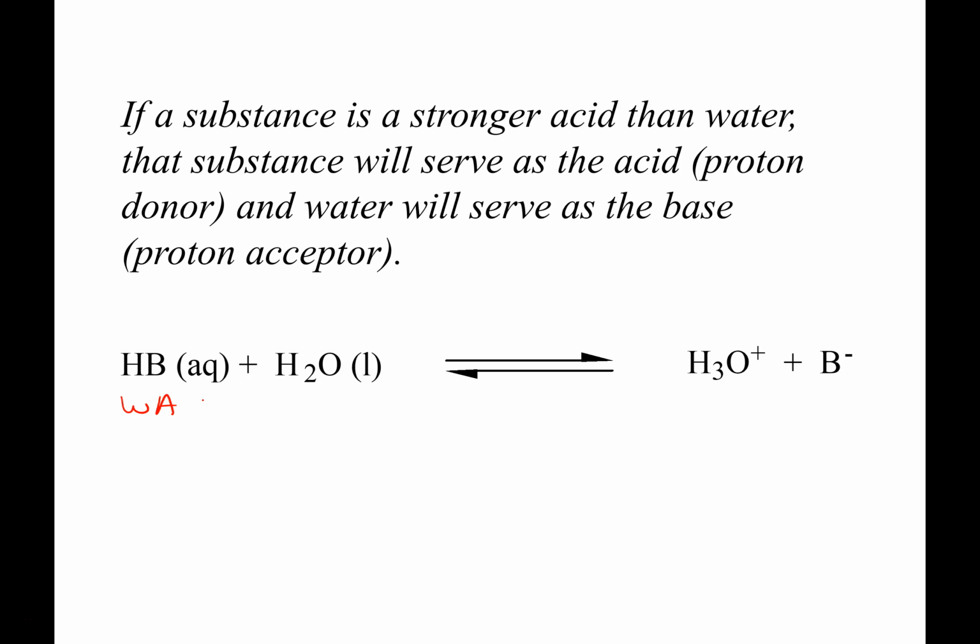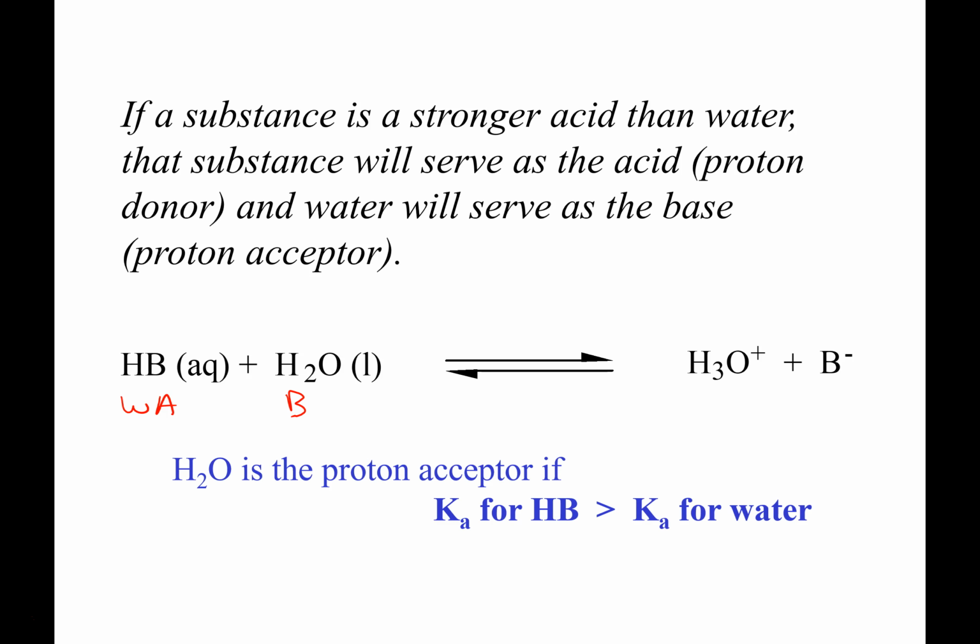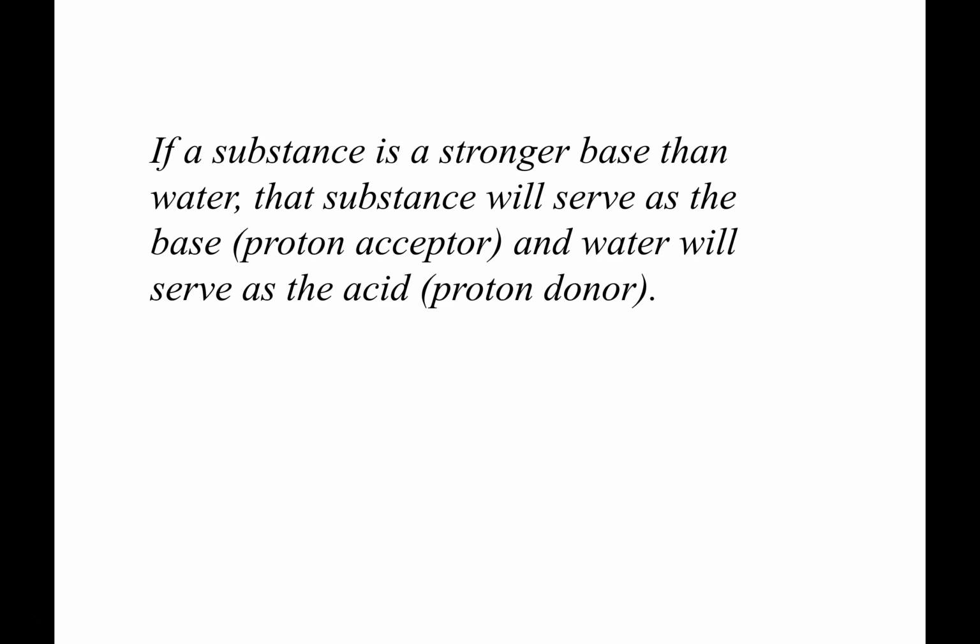And this is my B for base. It's going to accept a proton. You can see it on the other side, accepting a proton. So this will be the case if the Ka for your weak acid is greater than the Ka for water. We can do a similar thing with regard to bases.